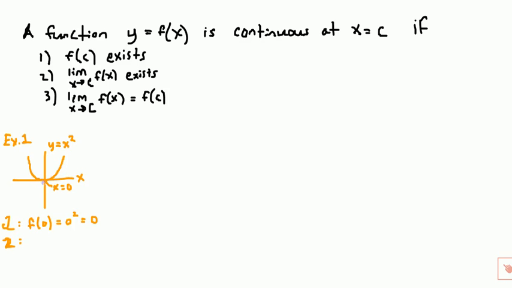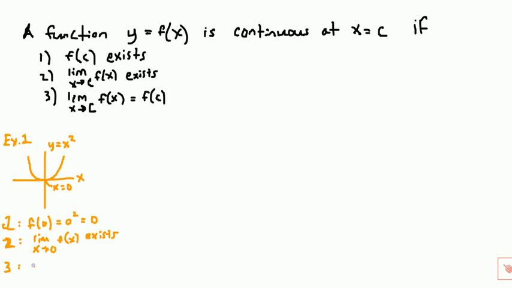The left and the right hand limits equal 0. That means that the limit as x approaches 0 of f of x exists. Okay, so the second condition is met.